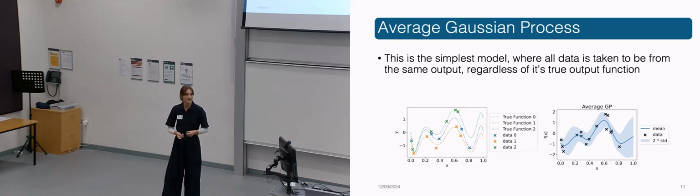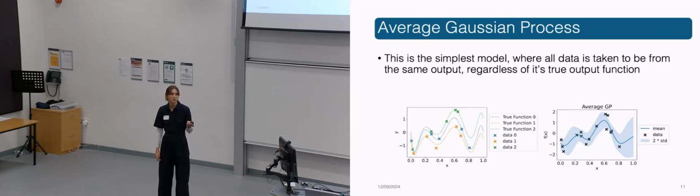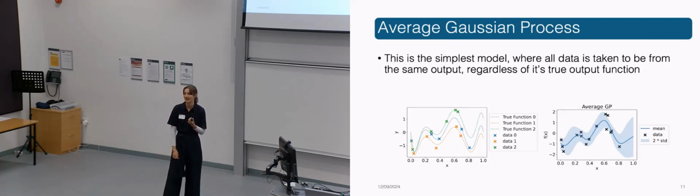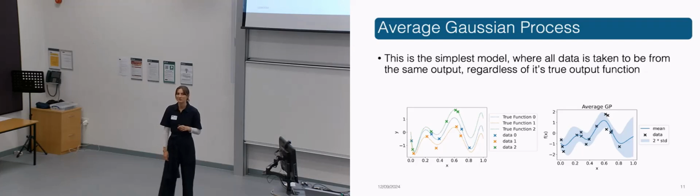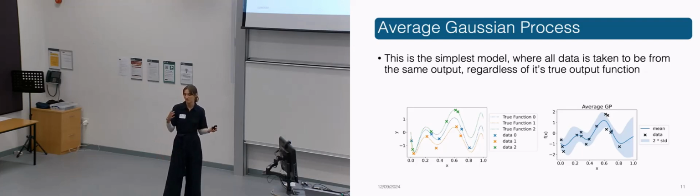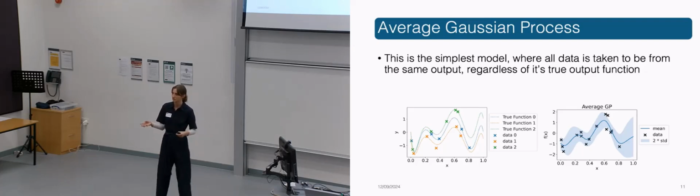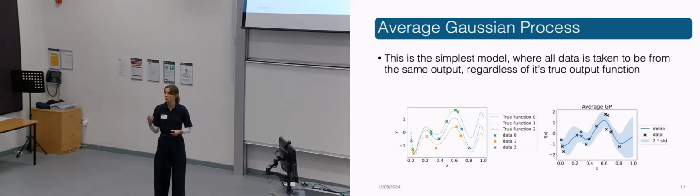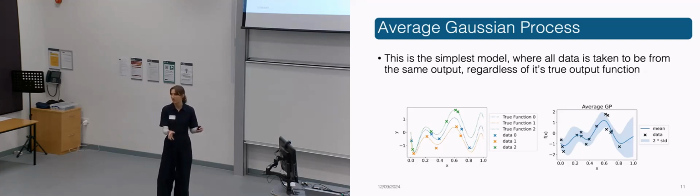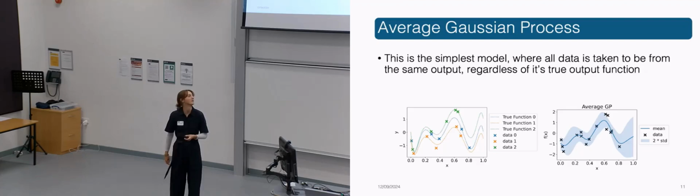Our reason for doing this is that this is as close to what an experimentalist might do in their head as we could get with a Gaussian process. If you're an experimentalist trying to design a new competitor and find a more optimal region, you're probably just going to experiment in regions that have been optimal in the past for past competitors. So that's why we use this model as a benchmark.